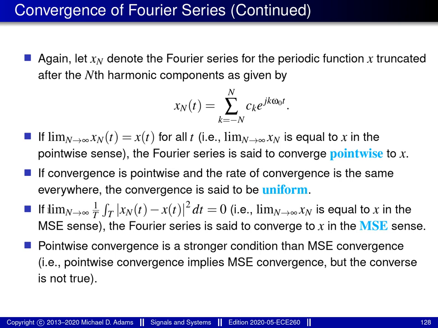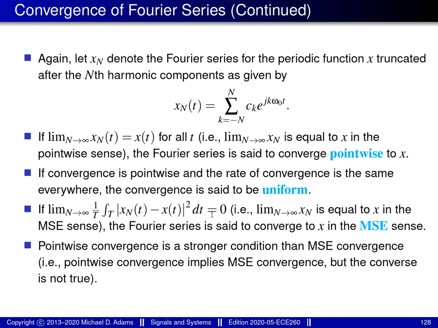If, on the other hand, we have a relationship of this form satisfied, so in this case we're taking the limit as n goes to infinity of this particular integral, and this particular integral corresponds to the energy in the difference between x_n and x.